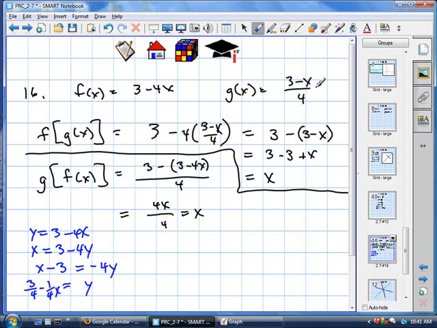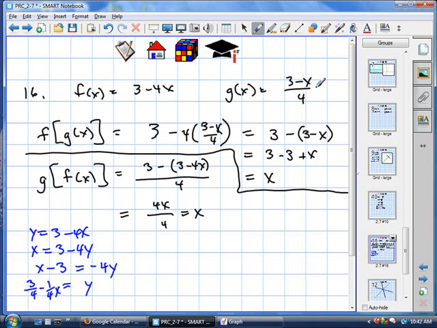And then you have this, and then when you apply that minus sign correctly, doesn't that become minus 3 plus x? And you get x. Voila. That's exactly what I was supposed to get. If you compose two functions and you get just a bare x, that tells you that those two things are inverses of each other.